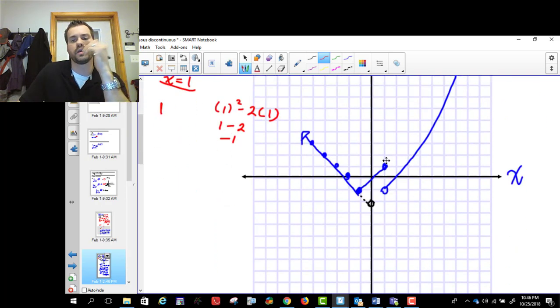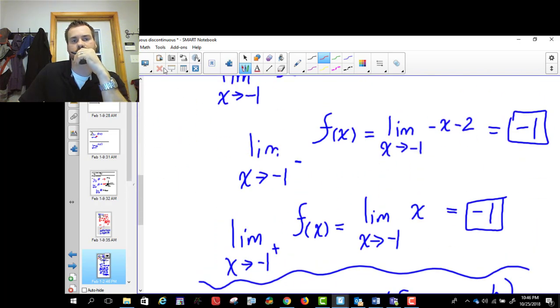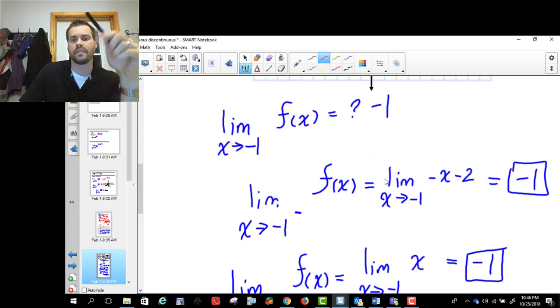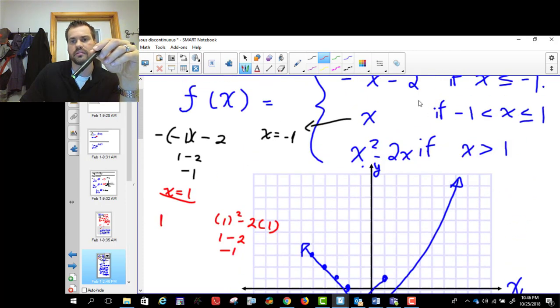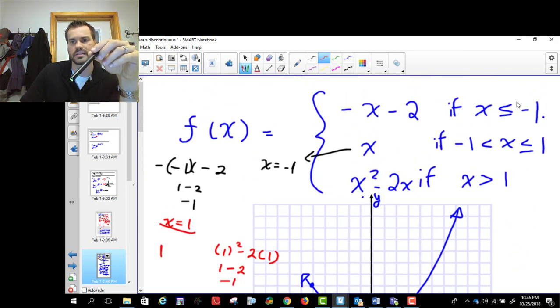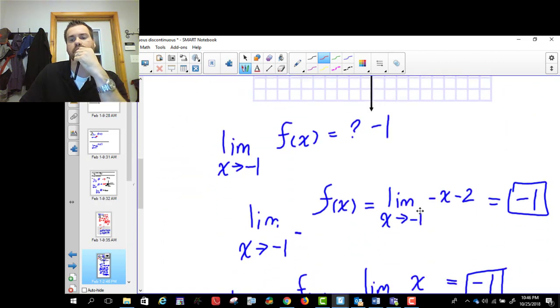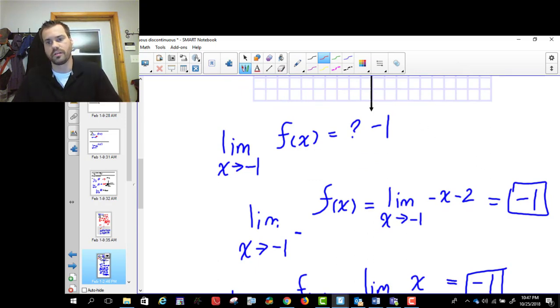I take the limit as x approaches minus 1 from the left, that is my left-hand limit, and that is described by minus x minus 2, because when x is less than minus 1, it's that function. So I plug in minus 1, and I get minus 1.